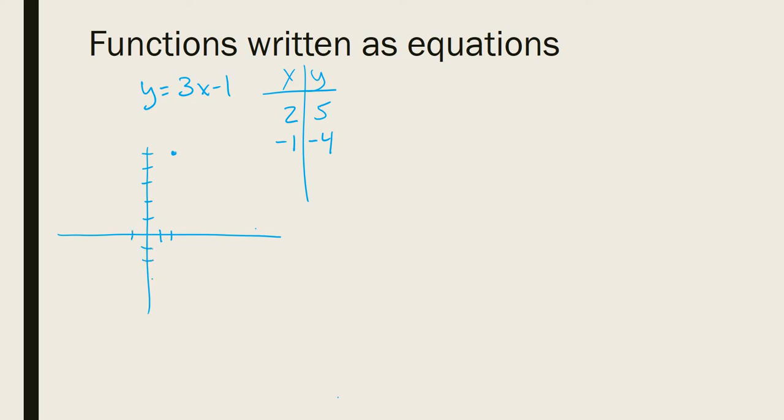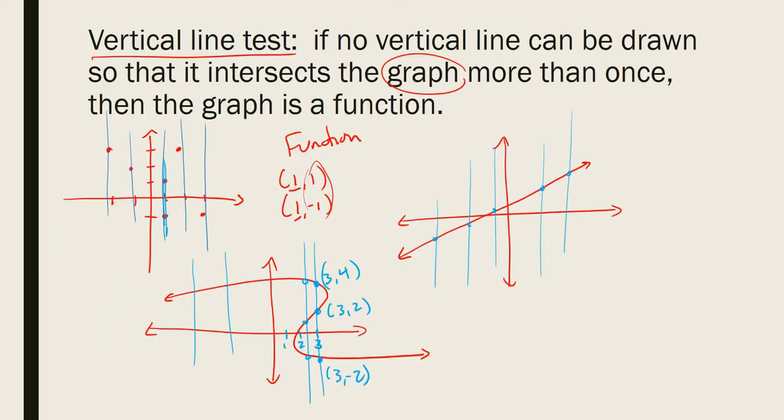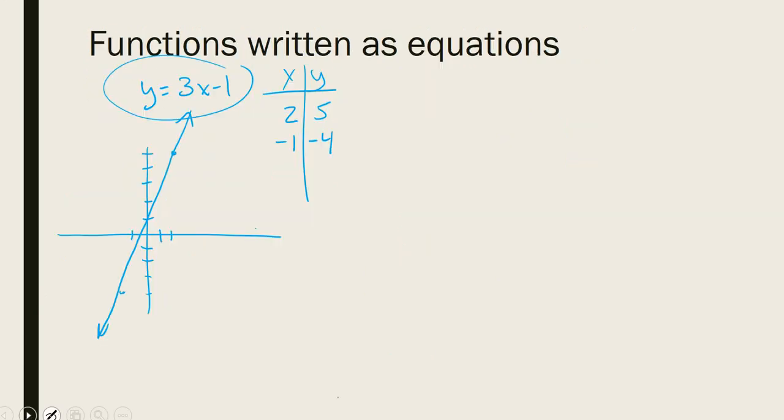Negative 1, negative 4 is an ordered pair. And this function is a line, and all linear equations are functions. Any linear equation would be a function. There is no way to draw a line that would not pass the vertical line test. I keep jumping around today, sorry.